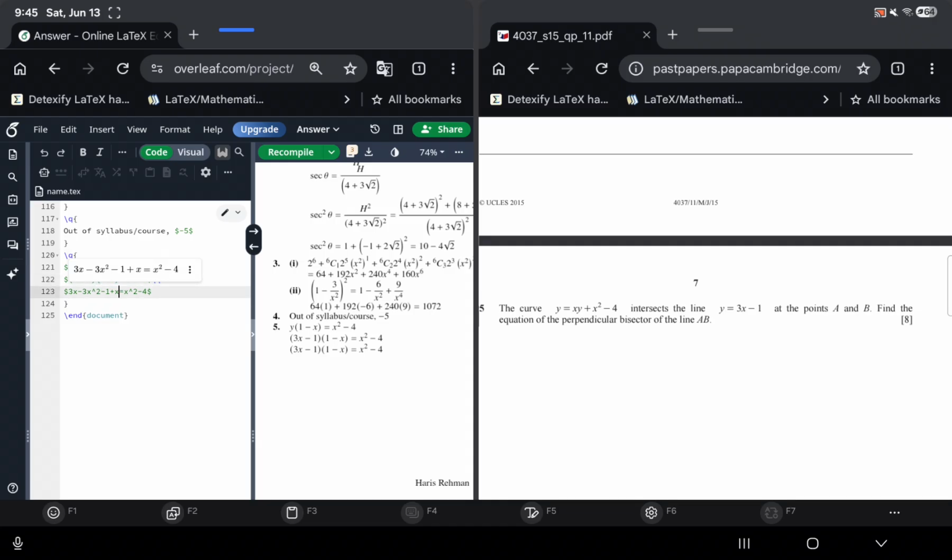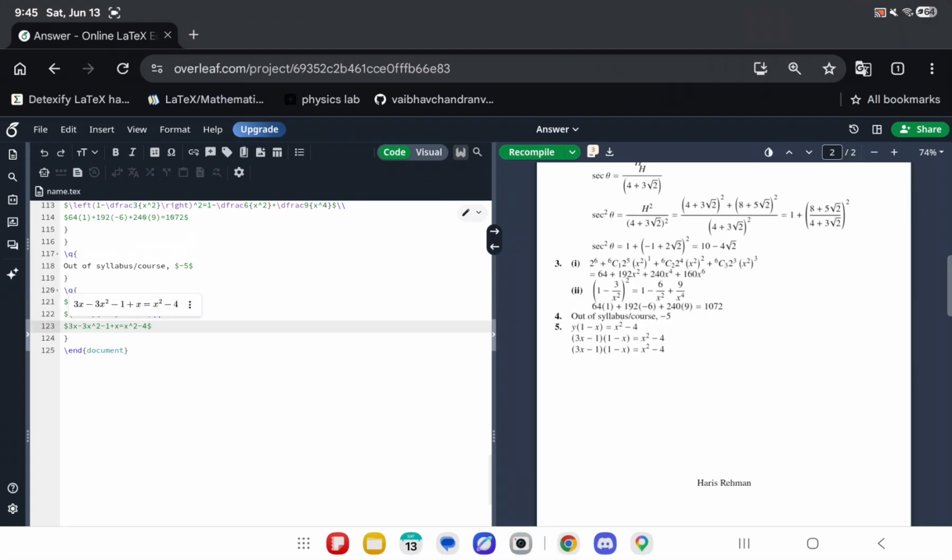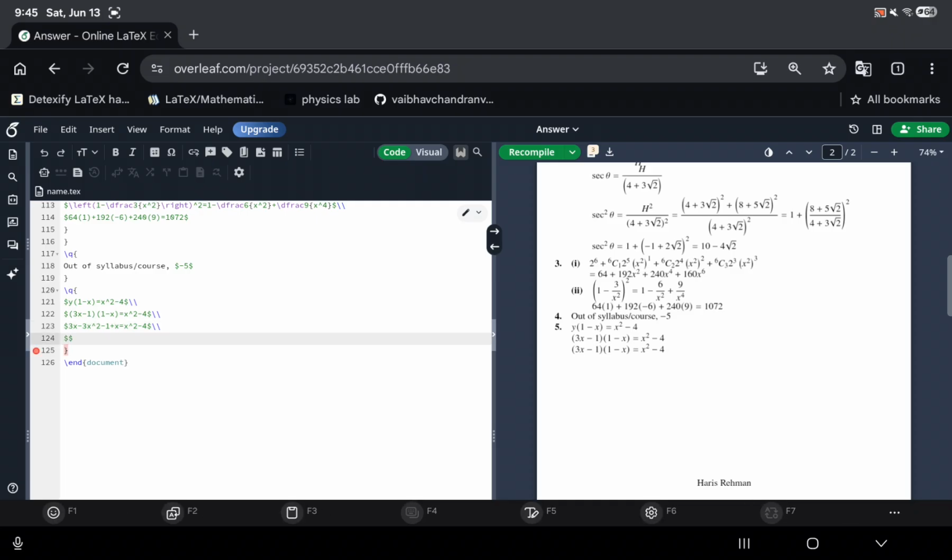So if we fix this, this is negative 3x squared negative x squared. This is negative 4x squared.